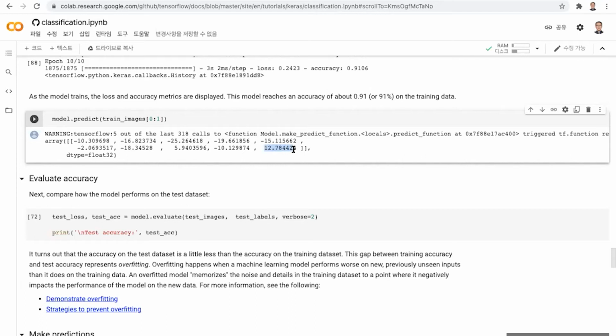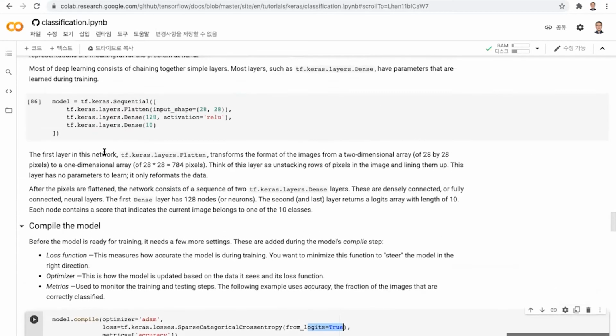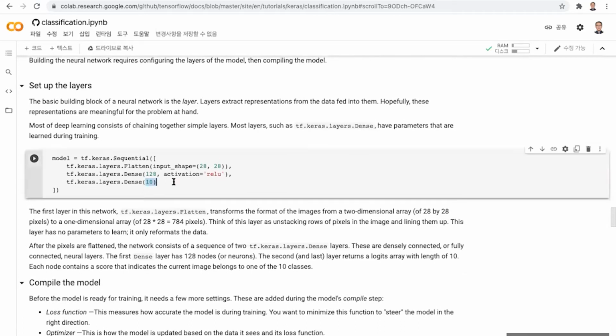But it's very difficult to see the actual meaning of these numbers. So when you take a break, I'm going to go over these numbers and what they mean, the logits, and why we have the 10 numbers here. I'm going to explain that kind of thing.